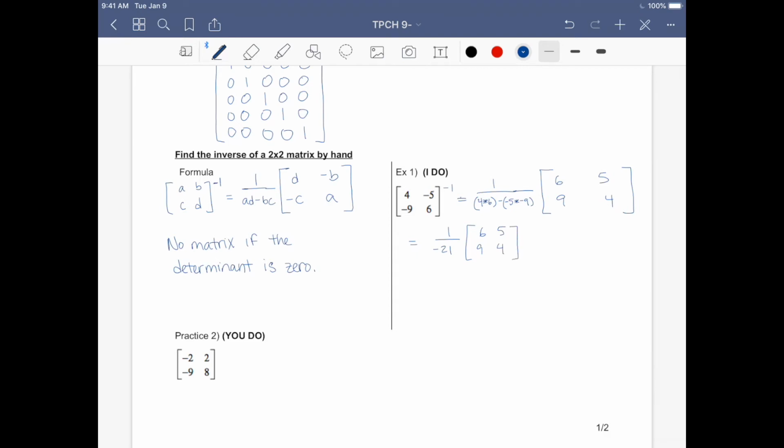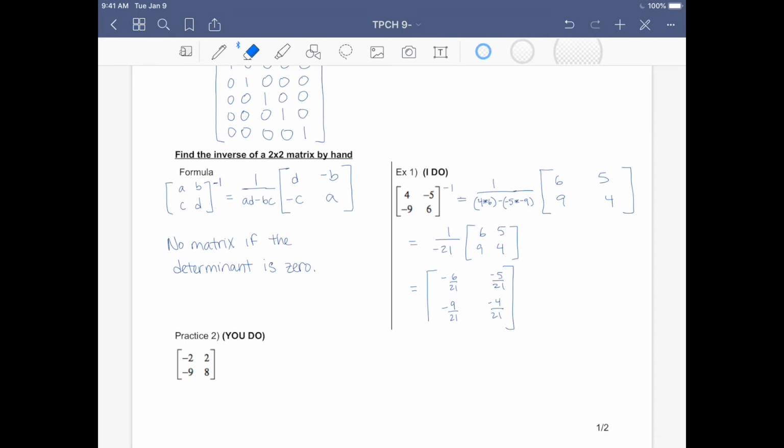And now this is just scalar multiplication, so this is negative 6 over 21, negative 5 over 21, negative 9 over 21, and negative 4 over 21.